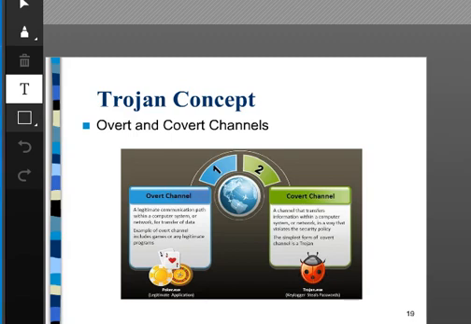It's a legitimate communication path within a computer system or network for transferring data, files, etc. Normally, legitimate programs use overt channels.